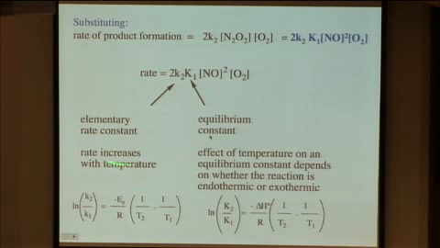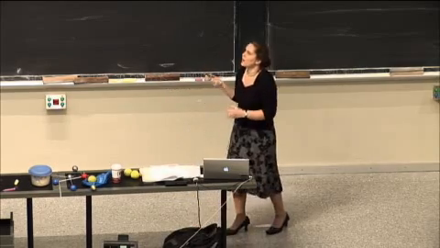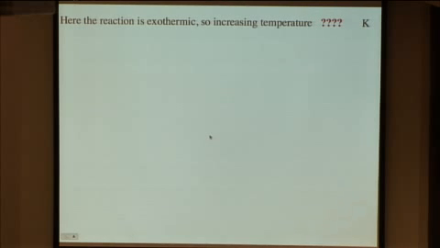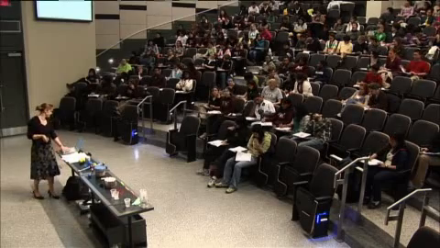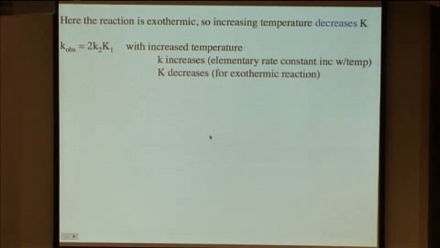For an elementary rate constant, we have EA, and for the equilibrium constant, we're talking about delta H. Here the reaction is exothermic, and if you increase the temperature of an exothermic reaction, what happens to K? It decreases. So again, it would shift to the endothermic direction, decreasing K.